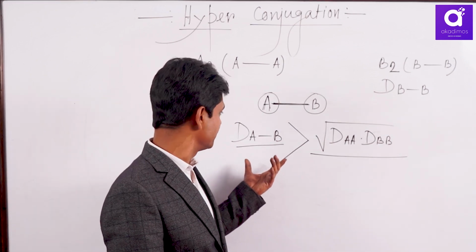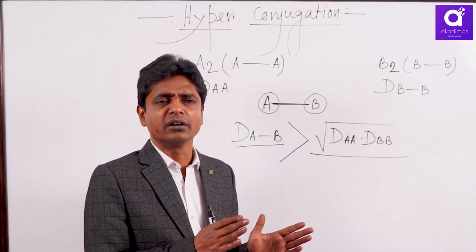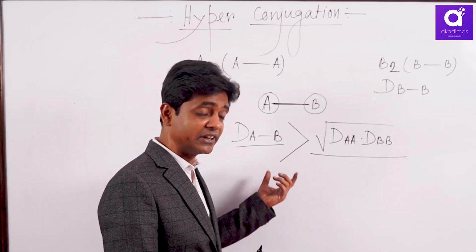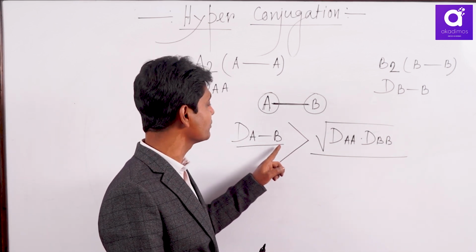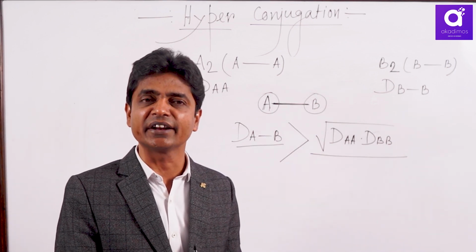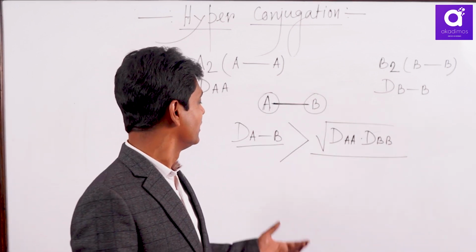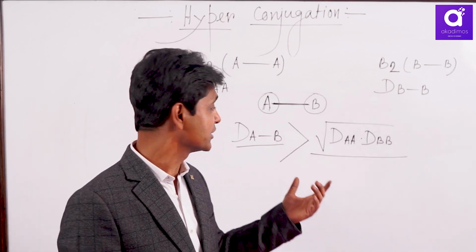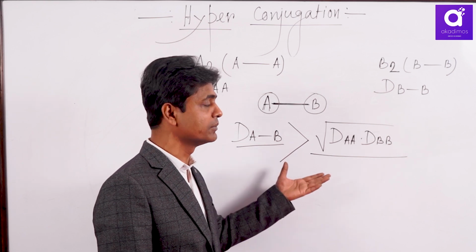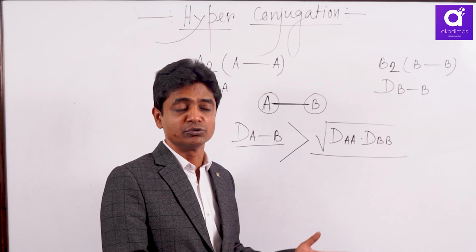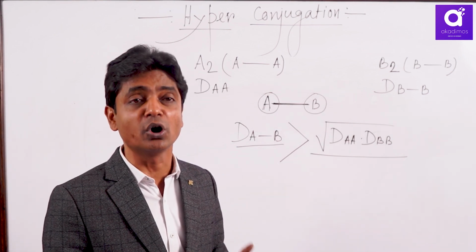And if you do the experiment, practically you get 110 kilojoule per mole. That means when A forms a bond with B, 110 kilojoule per mole of energy is released, but theoretically it should be 100 kilojoule. That means the AB bond is more stable than the theoretically calculated stability, since more energy released means a more stable bond.